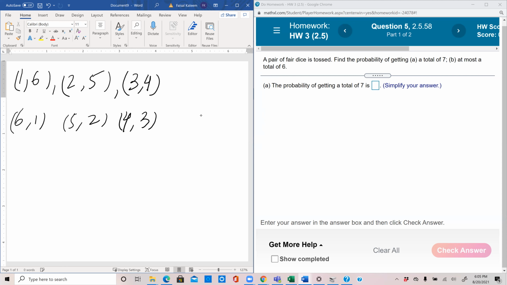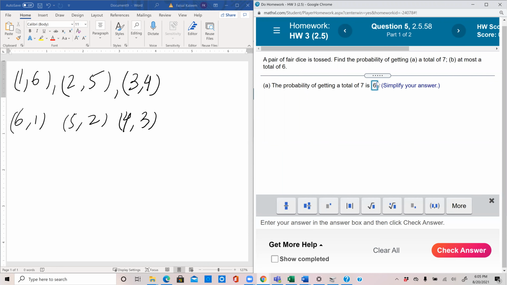These are the only pairs that give a total of 7, and these are 6 out of the 36 pairs. So that'll be 6 out of 36, and that simplifies to 1 out of 6.